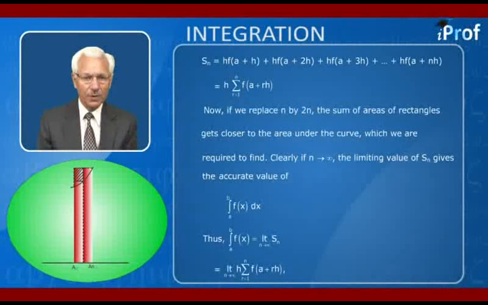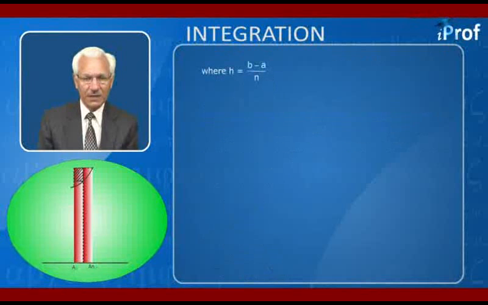Thus, the integral from a to b of f(x) dx, that is what we have observed, is equal to the limit as n tends to infinity of Sn, that is equal to the limit as n tends to infinity of h times the summation, r going from 1 to n, of f(a + rh), where h is equal to (b minus a) upon n. This is what we had to find out.